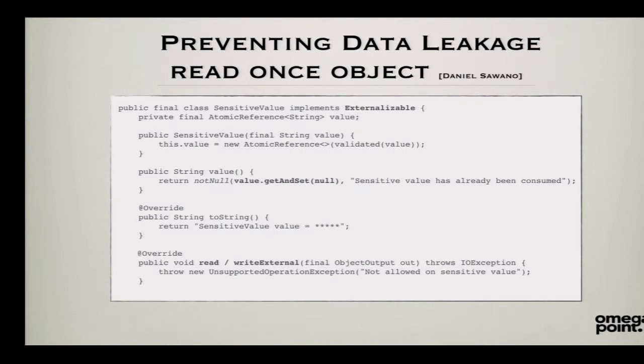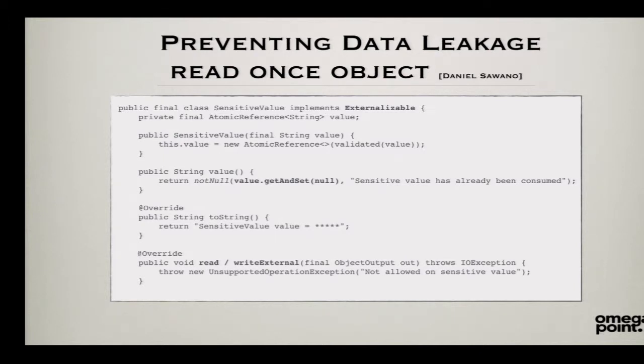One of our colleagues, my co-speaker at my second talk here at JFocus tomorrow at 9, Beyond Lambdas, the Aftermath, Daniel Savano, has created this tiny little pattern that basically handles sensitive values. It's not externalizable. You can only read it once, and as soon as you have read it, it gets destroyed.